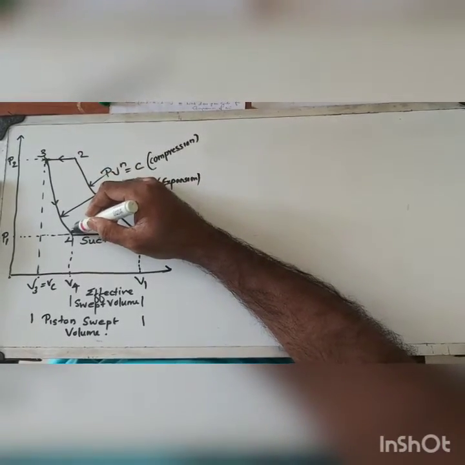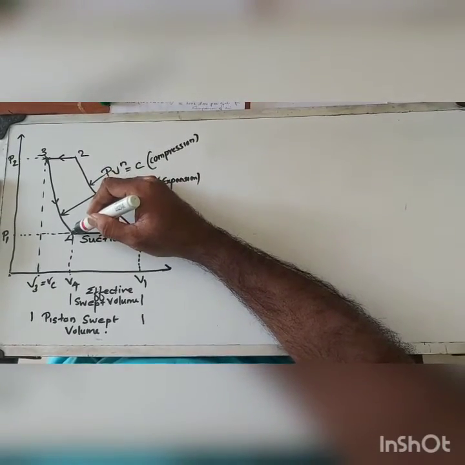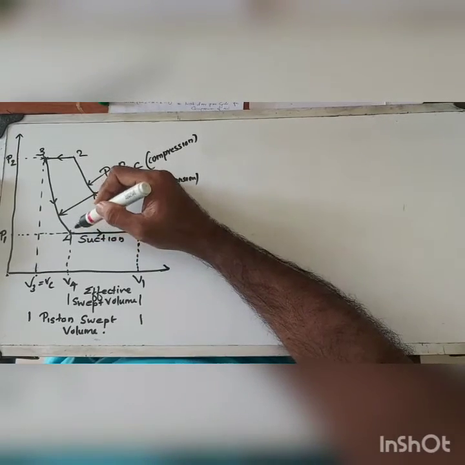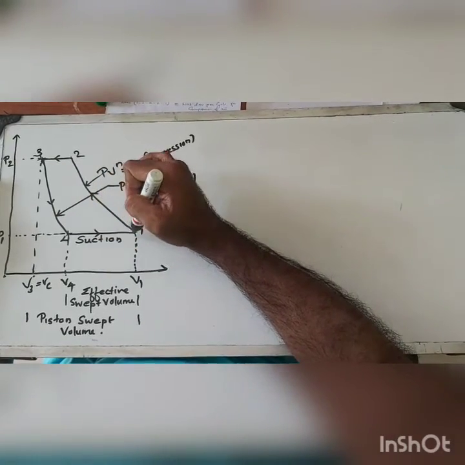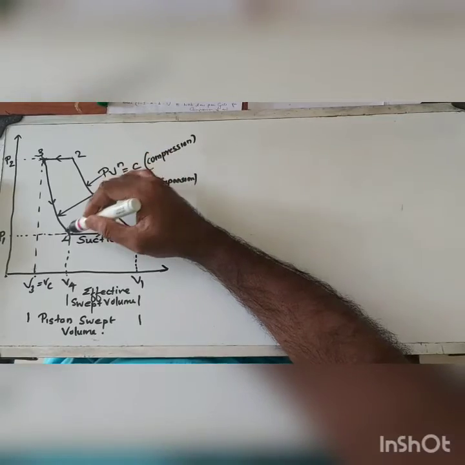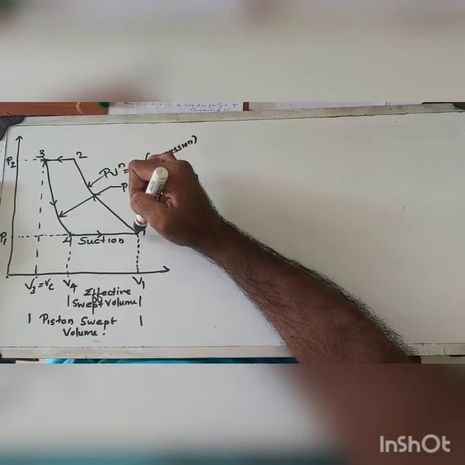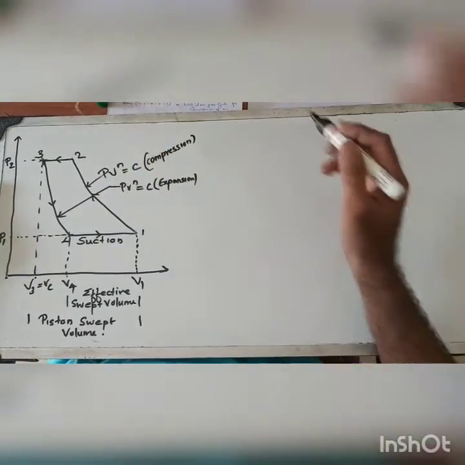At point 4, the inlet valve opens and the outside air is sucked into the cylinder. 4 to 1 represents the suction stroke.